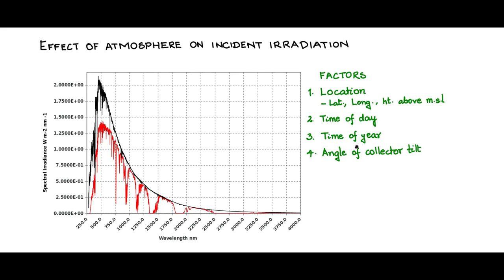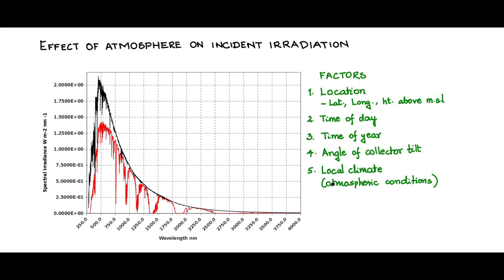However, the fifth important parameter, which we are going to discuss now, is the local climate. The local climatic conditions have a significant impact on the local atmospheric conditions, and this in turn will have an effect on the attenuation capacities of the vertical column above the horizontal flat plate collector in a given locality. So this is not deterministic. It is probabilistic in nature.